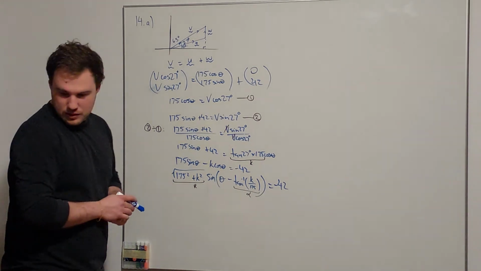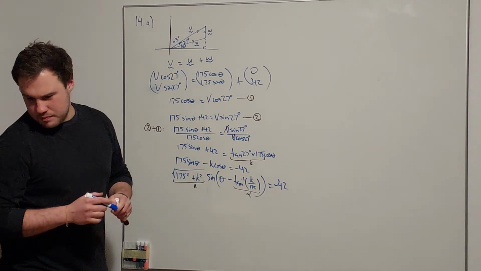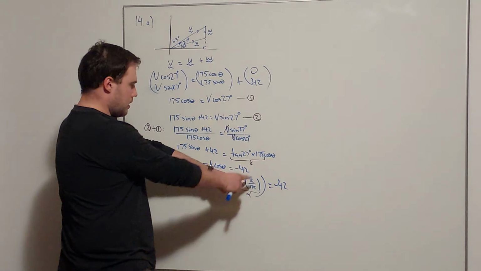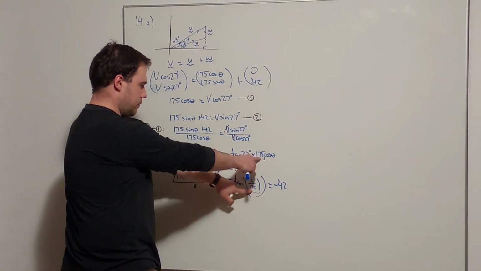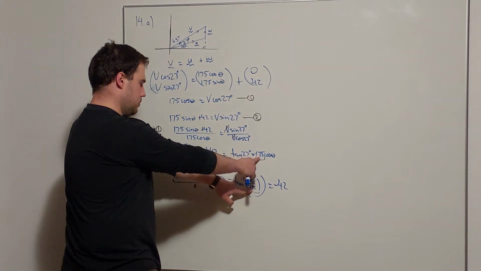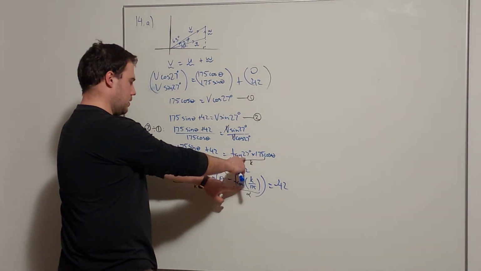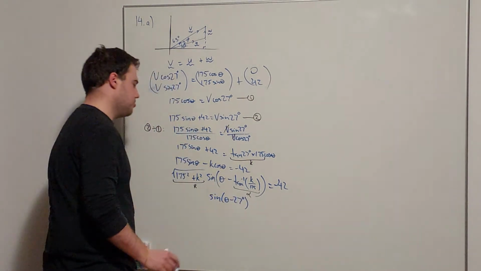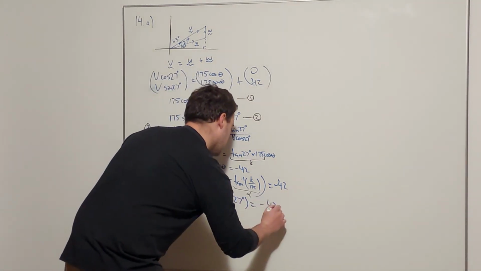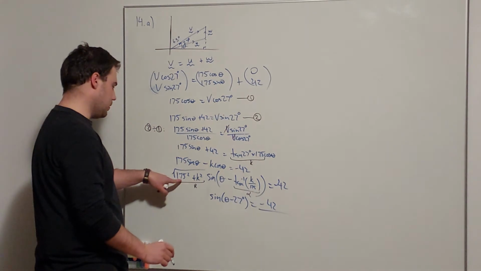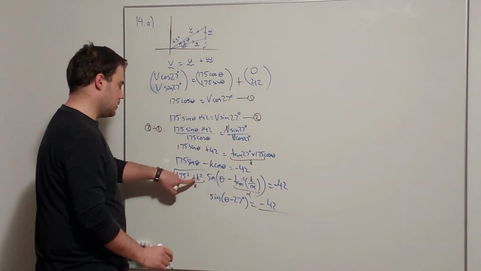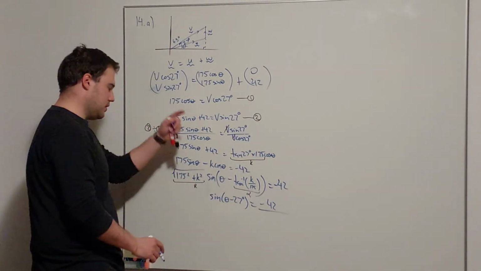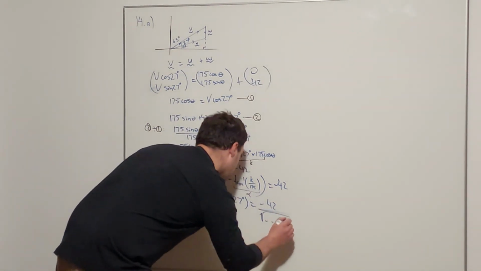And basically, in a bit of a roundabout way, well, actually, this ends up being nice because 175 on 175 cancel, and then we've got inverse tan of tan 27 is 27, so we get sine of theta minus 27 degrees equals negative 42 divided by this big ugly thing, the square root of 175 squared plus tan 27 degrees times 175, the whole thing squared, so plus blah, blah, blah.